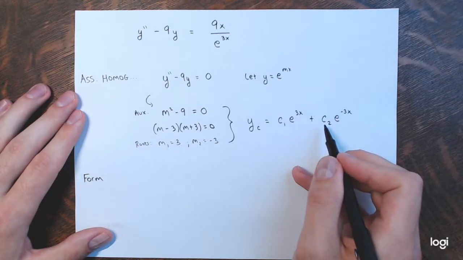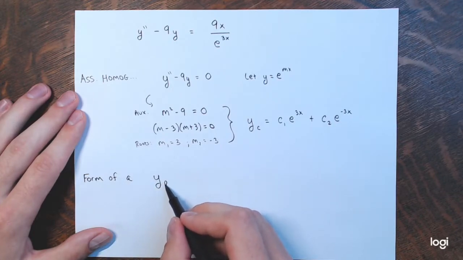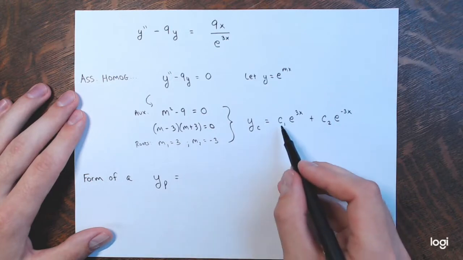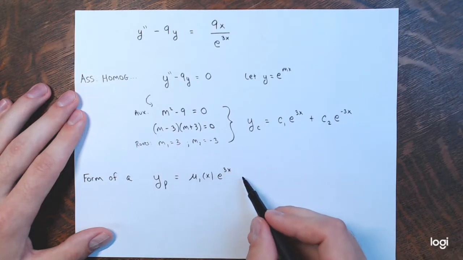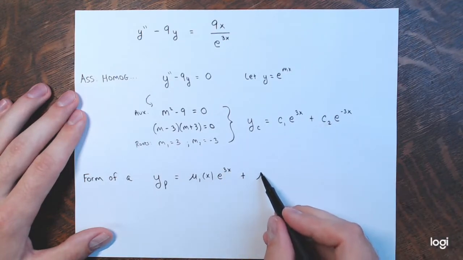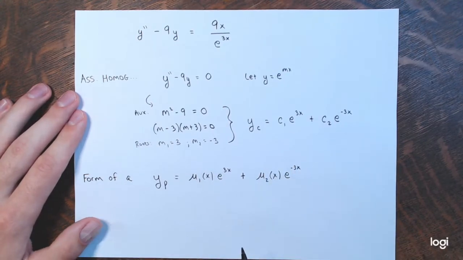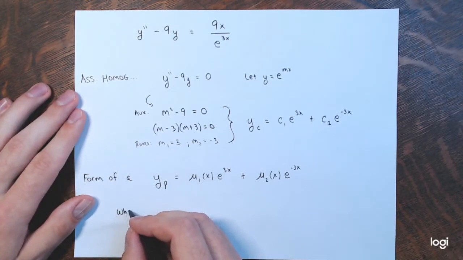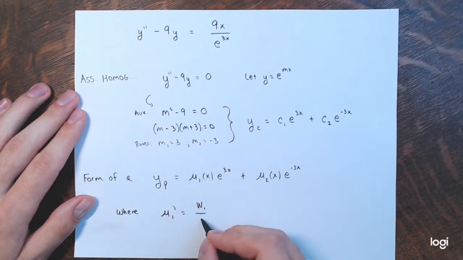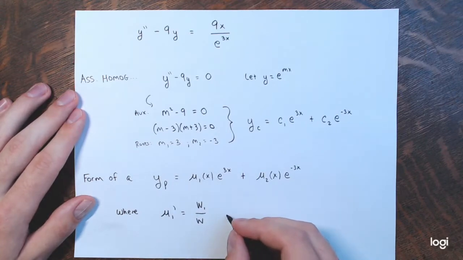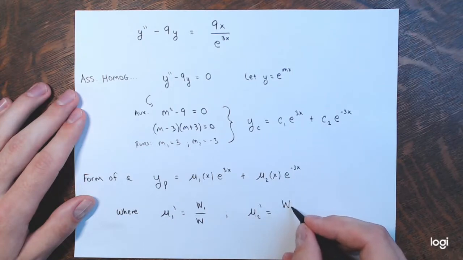So the form of a particular solution, yp, will look like the following. Yp equals u1 of x times e to the 3x plus, instead of c2, some function of x, u2 of x times e to the negative 3x, where u1 prime is w1 divided by w, and I'll talk about what these Wronskians are in a second, and u2 prime is w2 divided by w.